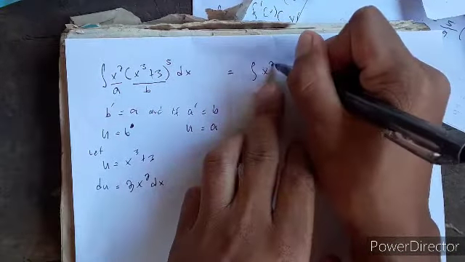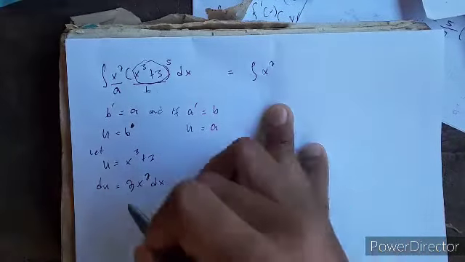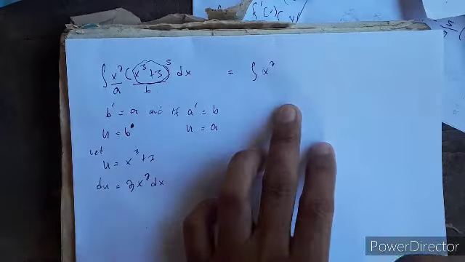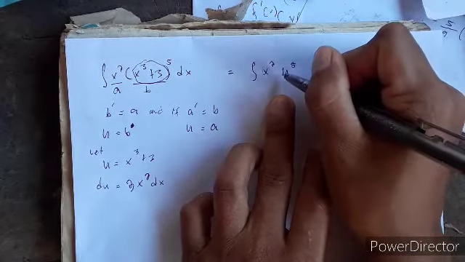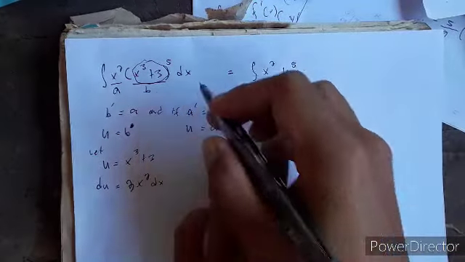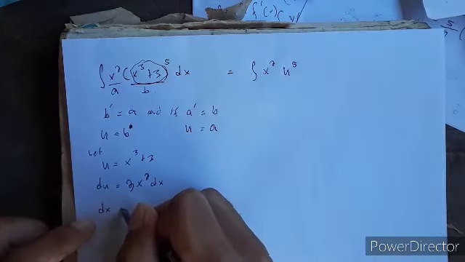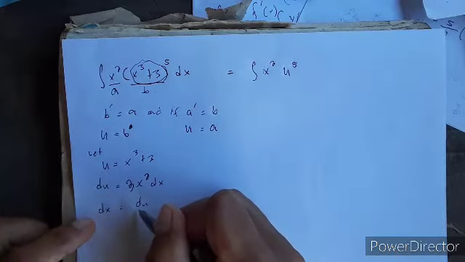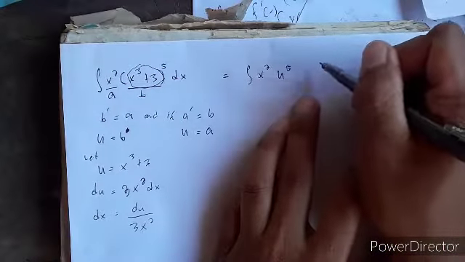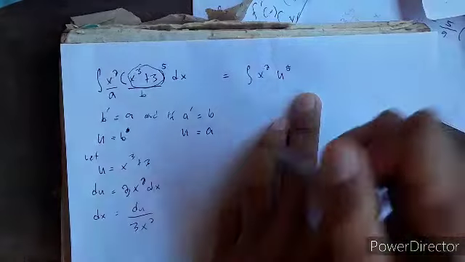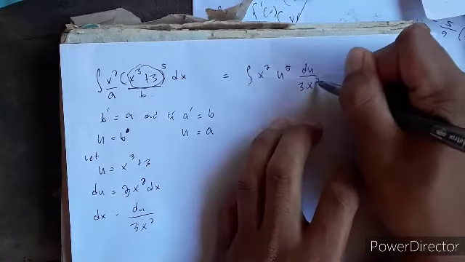So we have the integral of x raised to 2, and this thing is represented as our u, so we have u raised to 5, and our dx here, if we derive this, is equal to du over 3x squared. So we substitute our dx value, du over 3x squared.